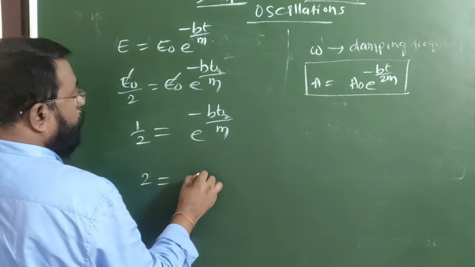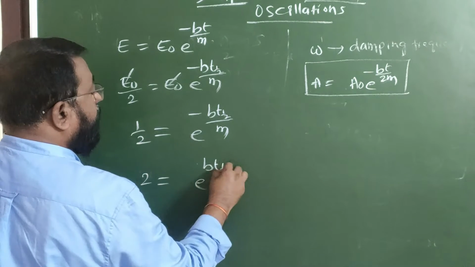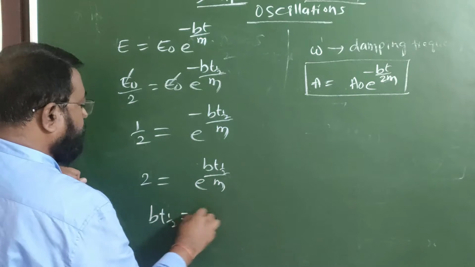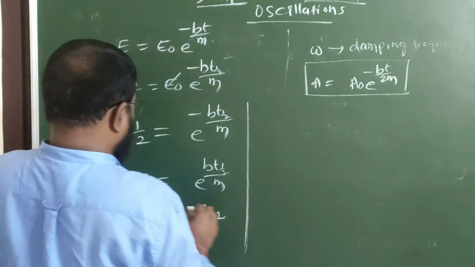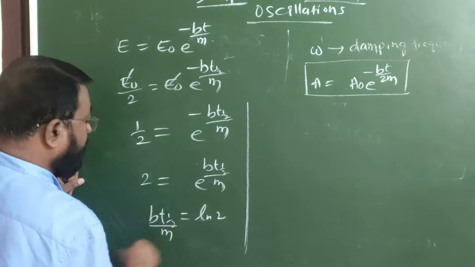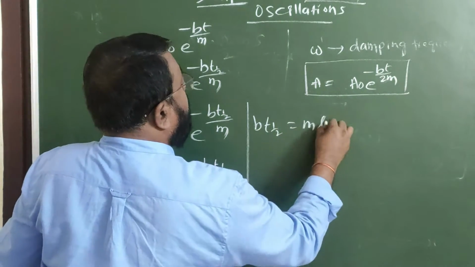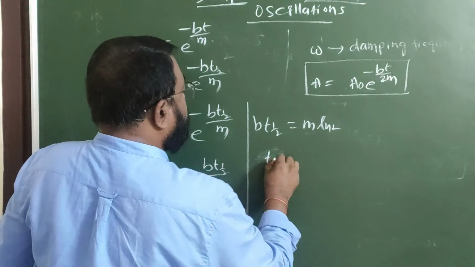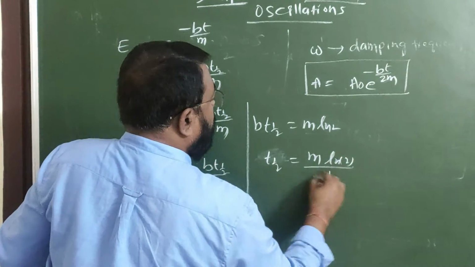Therefore, this becomes 2 is equal to e to the power of b t half by m. Therefore, b into t half is equal to m into ln 2, therefore t half is equal to m into ln 2 by b.